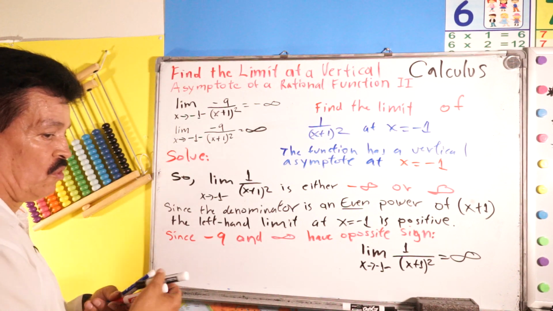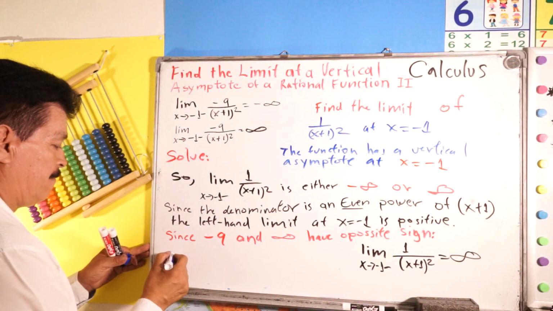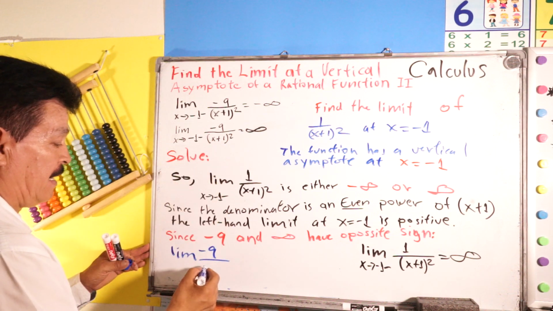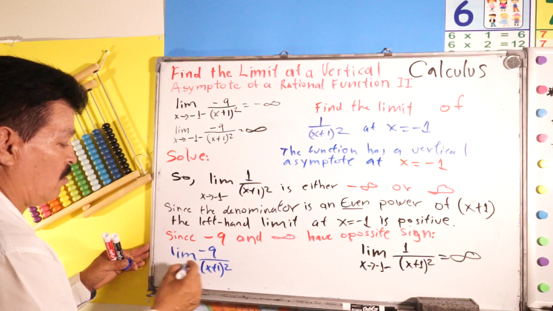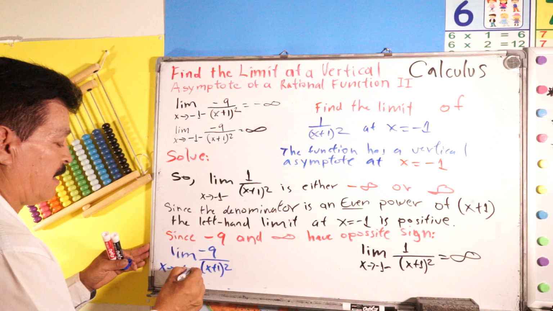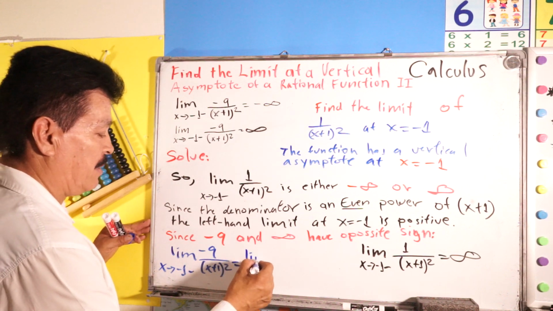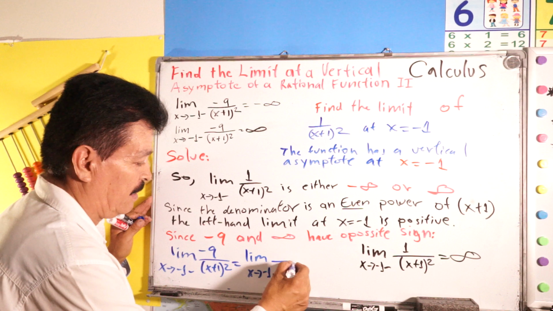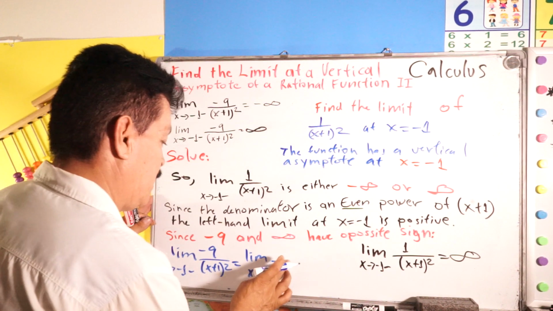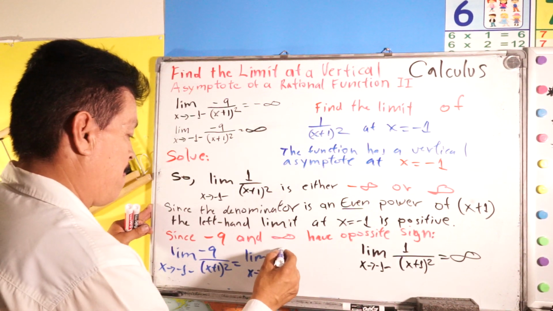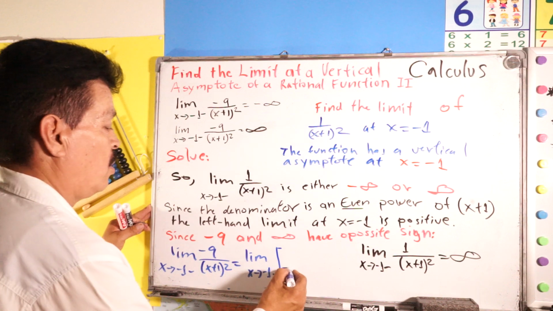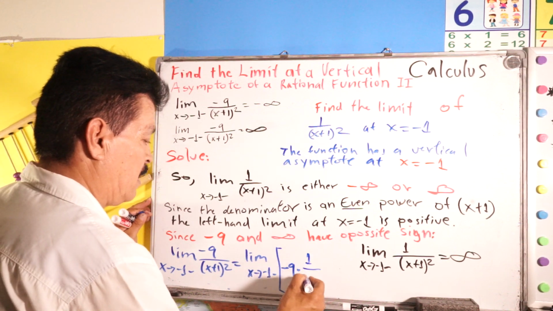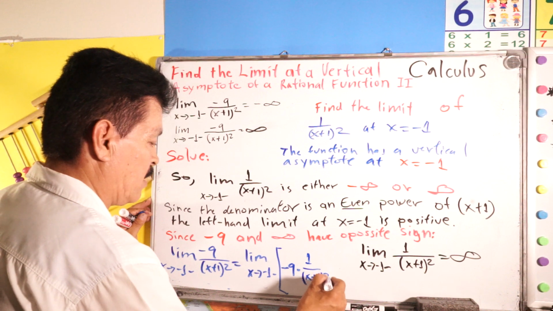So our conclusion, we will have here the limit of negative 9 divided by x plus 1 to the second power when x approaches negative 1 from the left hand. This equals the limit, x to negative 1 from the left hand, in this case 9 times, as I started before, 1 divided by x plus 1 to the second power.